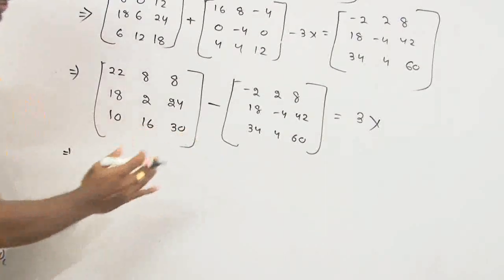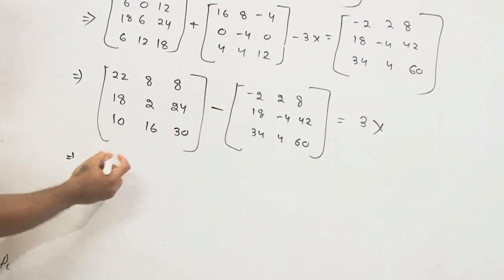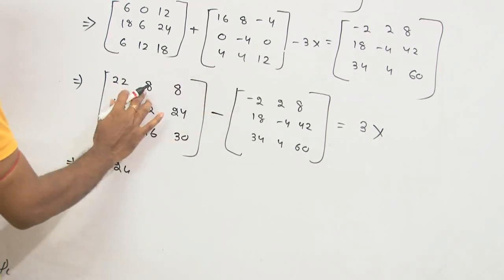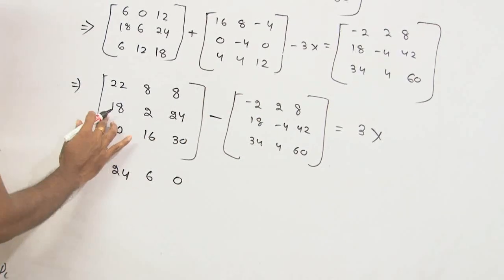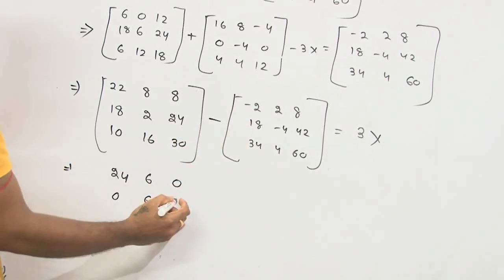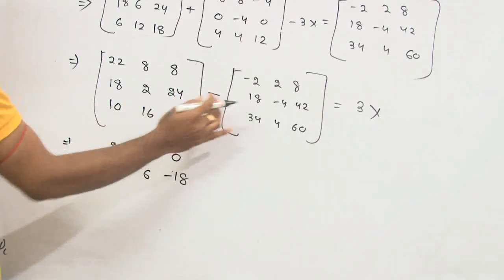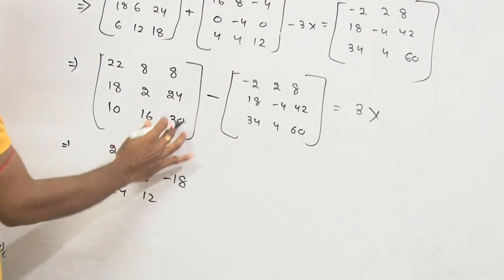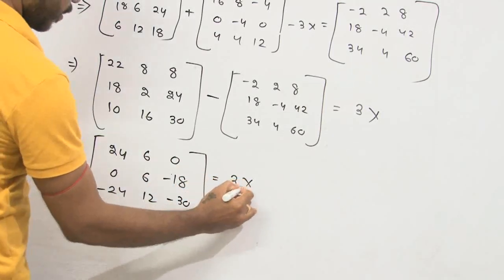Now we subtract the two matrices. It is possible to subtract them because they have the same order. If you subtract them, you get 22 minus minus 2, that is 24. 8 minus 2, that is 6. 8 minus 8, that is 0. 18 minus 18, 0. 2 plus 6, 24 minus 42, that is 18 minus 18. 10 minus 24, that is minus 24. 16 minus 4, that is 12. 30 minus 60, that is minus 30, is equal to 3X.